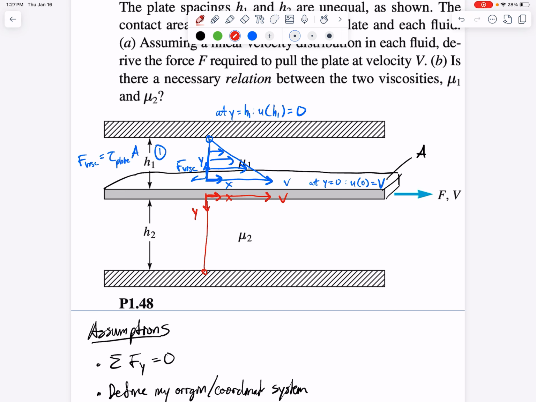At the fixed bottom plate, there's no velocity. Therefore, I get another linear velocity profile. Once again, at y equals 0, u is v. At y equals h2, u is 0. Once again, those are my boundary conditions. And this is regime 2.